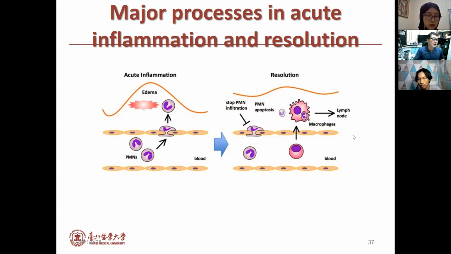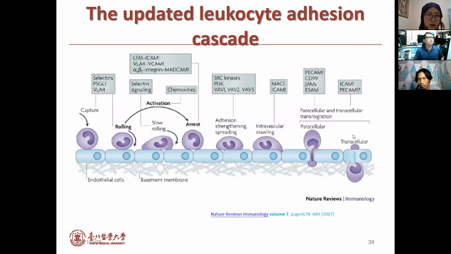Okay, do you have any idea now? Okay, you got inflammation. So one question is, initially, how can those white cells mobilize and go to the injury site, right?